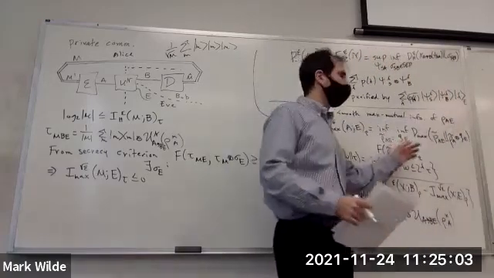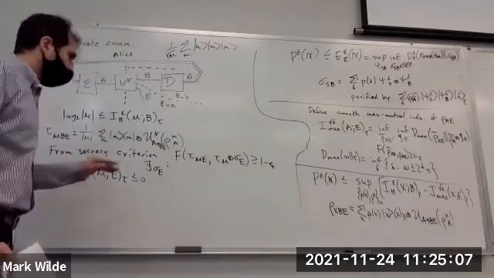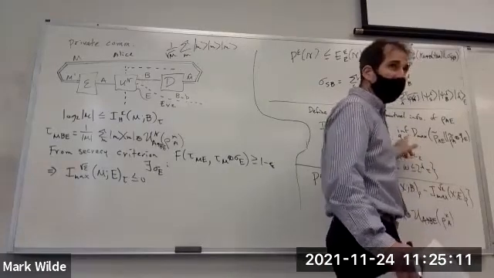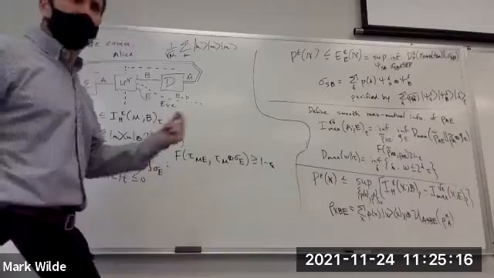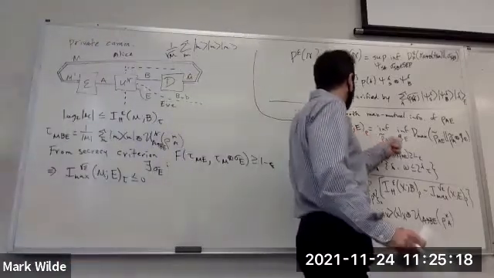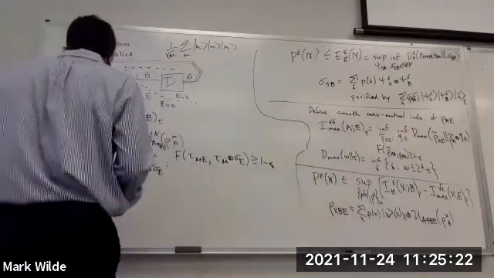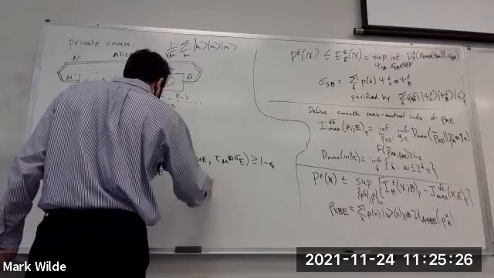Sorry, it's C. So we have two optimizations. If we want to get this upper bound of 0, we can just make a choice of rho tilde and C. So what should we choose the tau tilde ME to be?